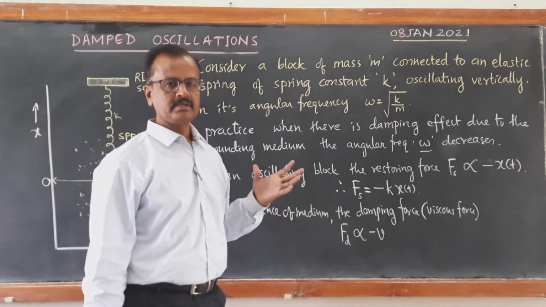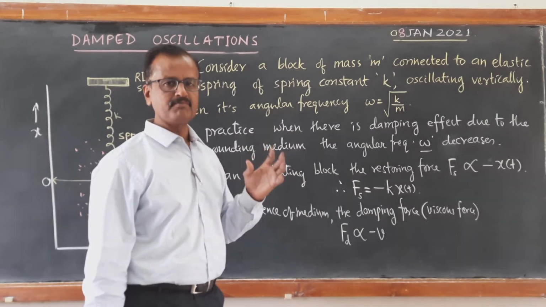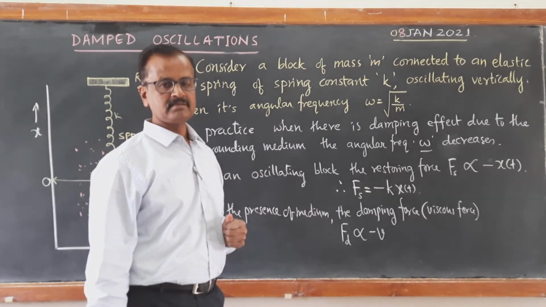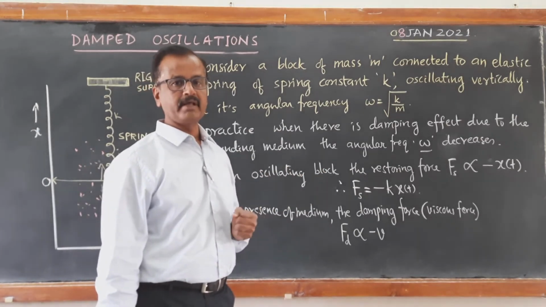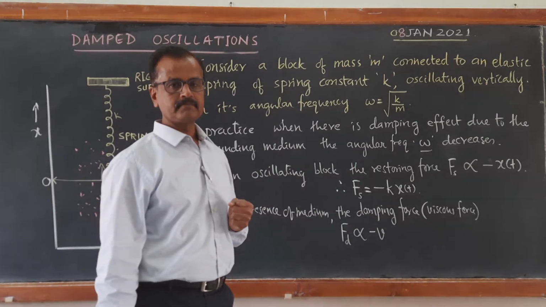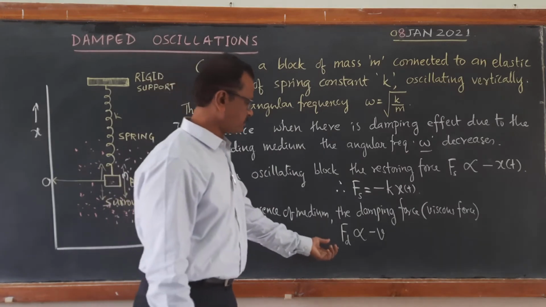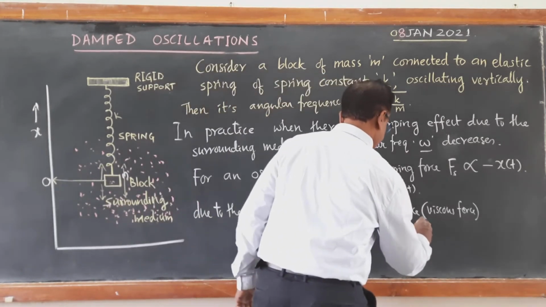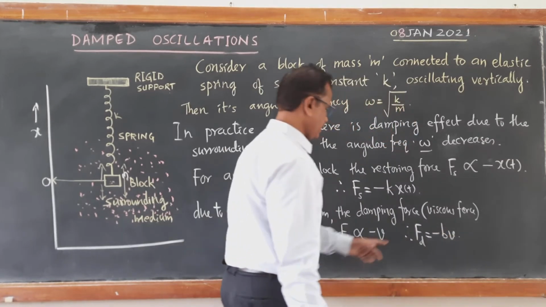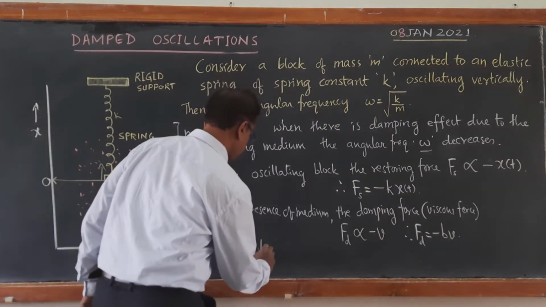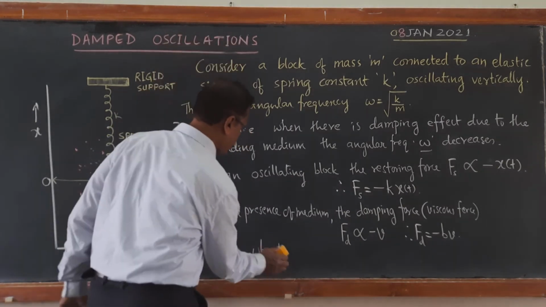Viscous force is directly proportional to the speed of the moving body in the surrounding medium, and it is also directly proportional to the dimensions of the body, the size and shape of the body. So in general we can write Fd equals minus bv, where b is called the damping constant.